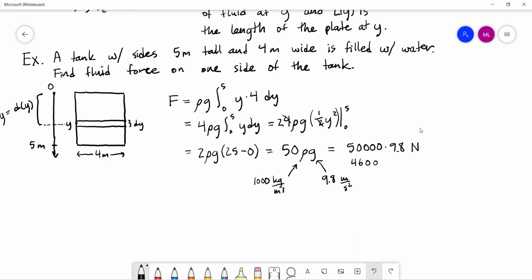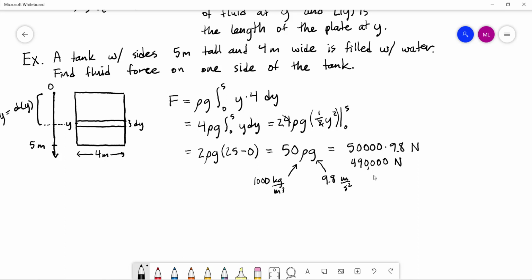Wrong. 490? Yes. There we go. One of those days. So 490,000 newtons of force.